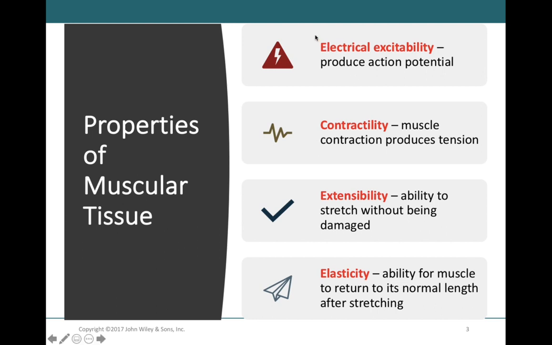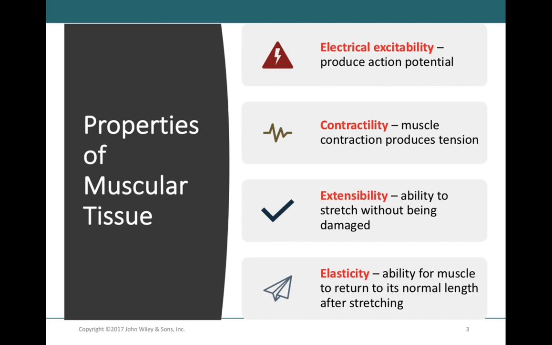The second of our properties of muscular tissue is electrical excitability. This means that certain cells are able to produce action potentials. Now, I've only briefly mentioned the action potential a few times up until this point. When we get to chapter 12, we're going to discuss action potentials in much greater detail.